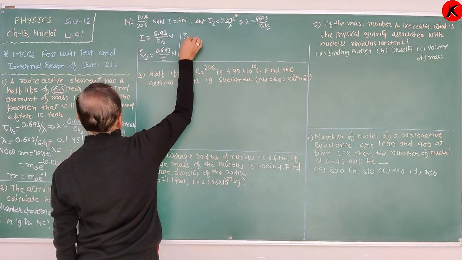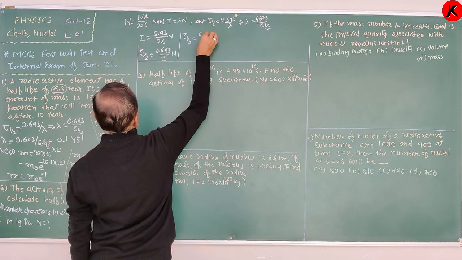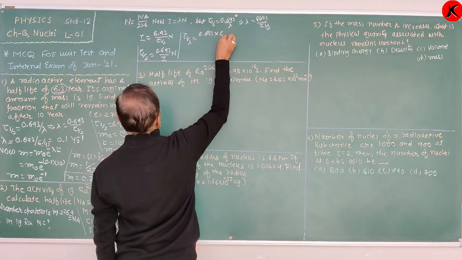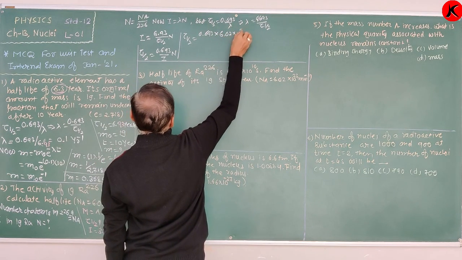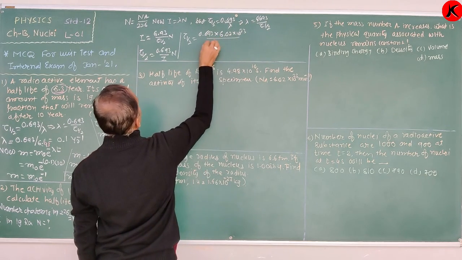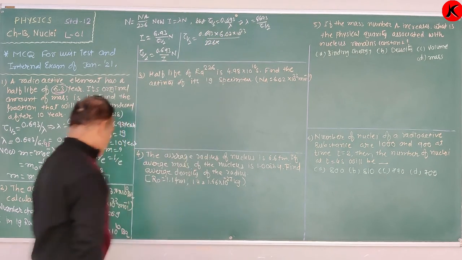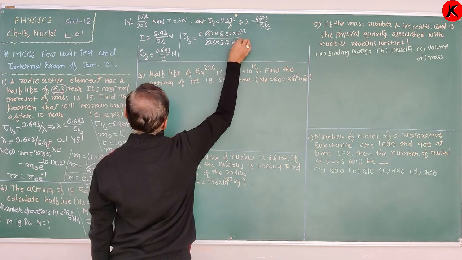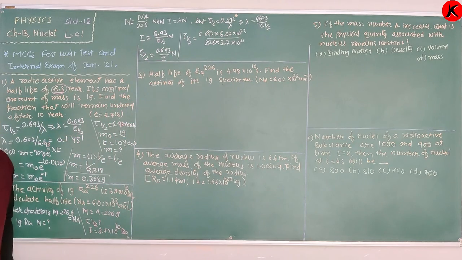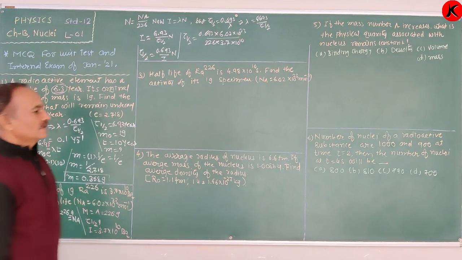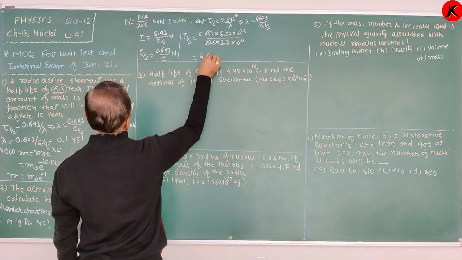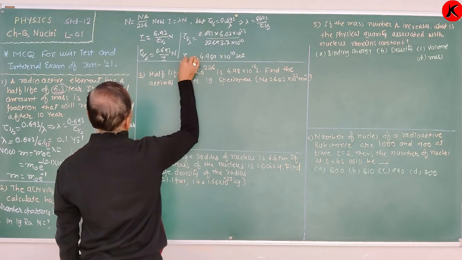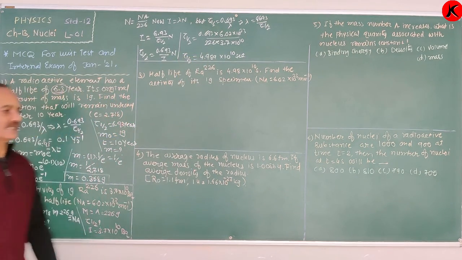Therefore, tau half is equal to 0.693 into number of atoms, Avogadro number 6.02 into 10 to the 23 upon 226, into activity, the activity is 3.7 into 10 to the 10. Thus we obtain 4.989 into 10 to the 10 second. That is the half-life of the given radioactive substance, radium.